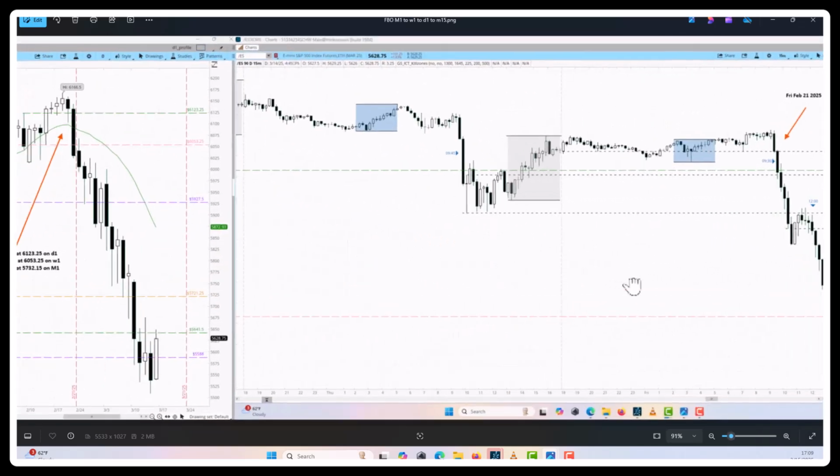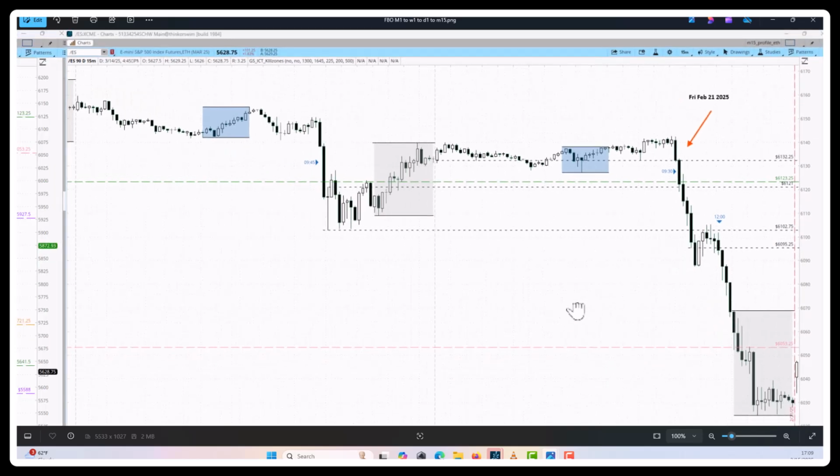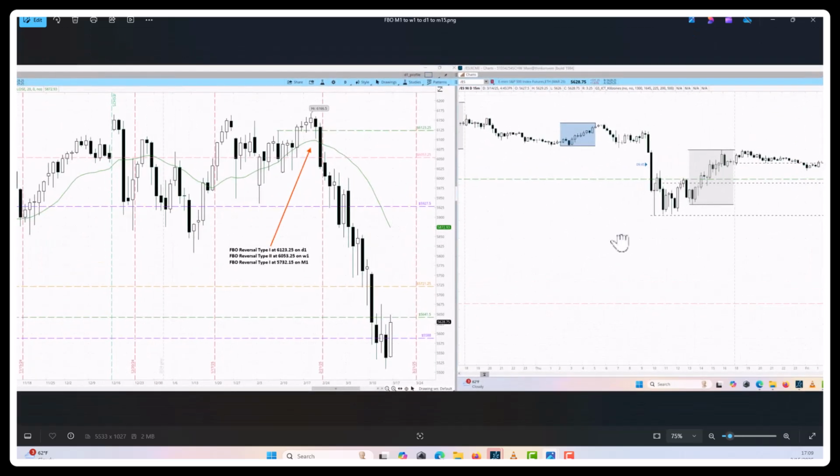Now we go to the 15 minute time frame, which is our favorite time frame. We trade on 15 minute time frame. So we see that happened on Friday. We see that it broke down the level 61.23 on a daily right there.